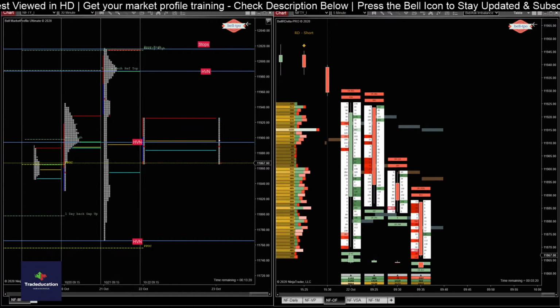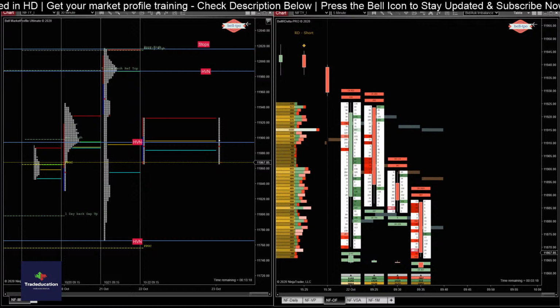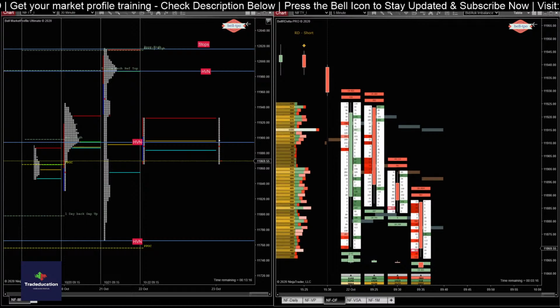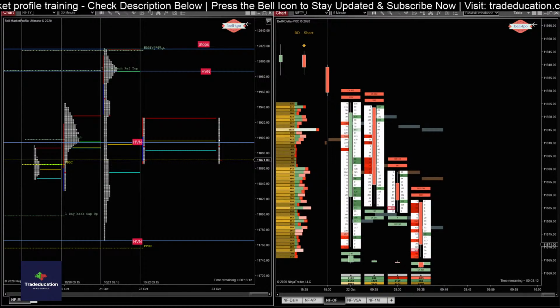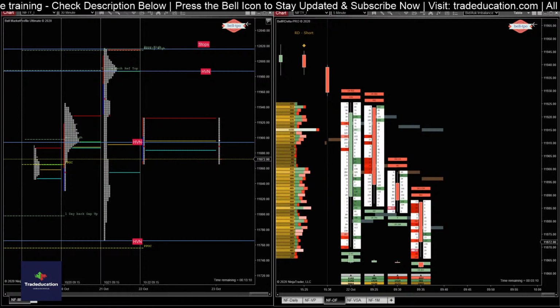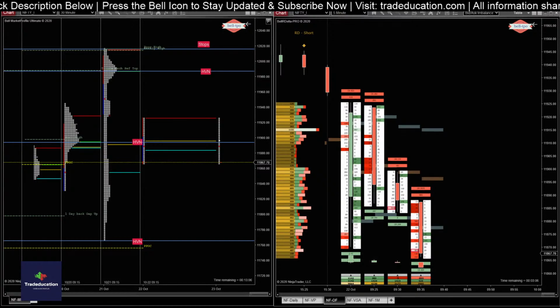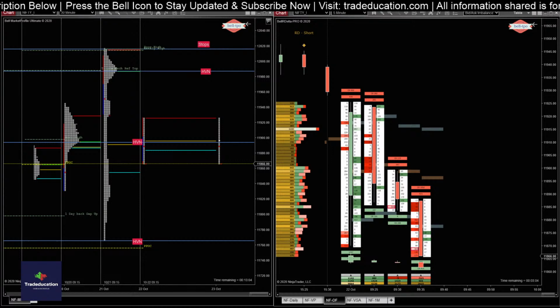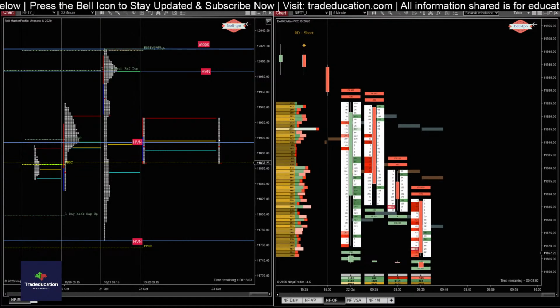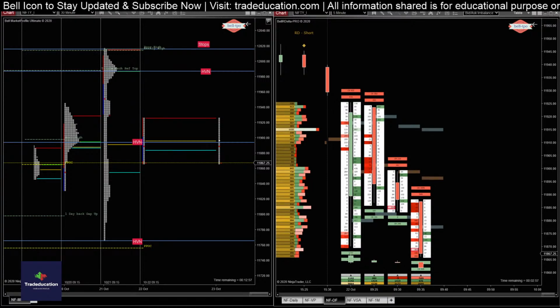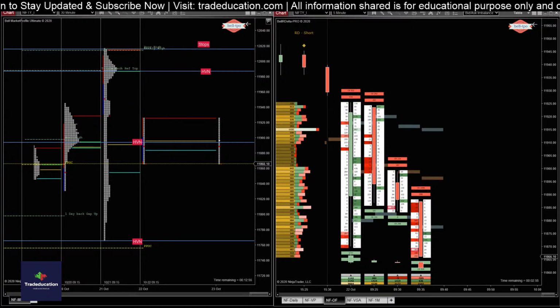So who's selling now? So momentum sellers, pretty good selling. Volumes are increasing.